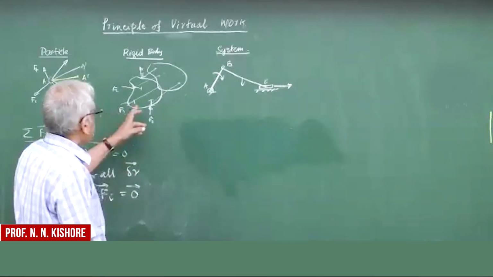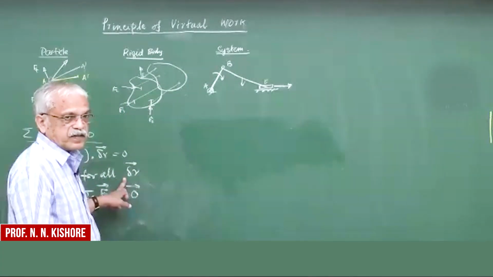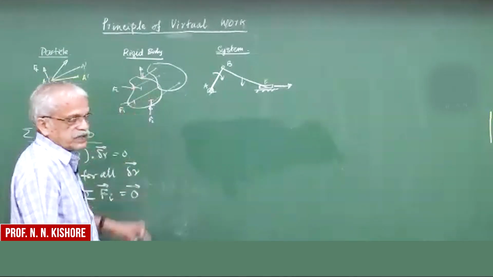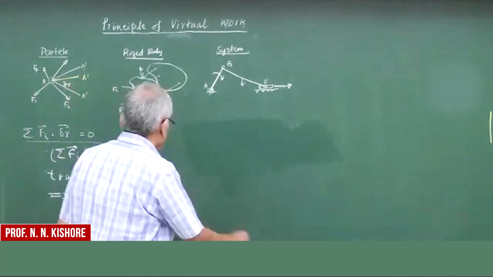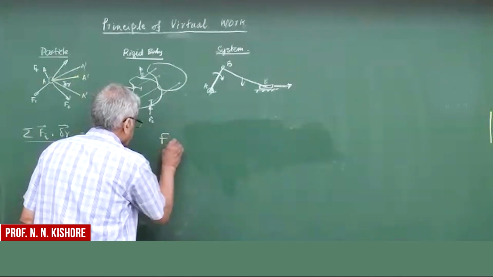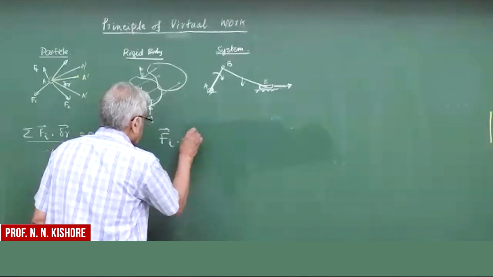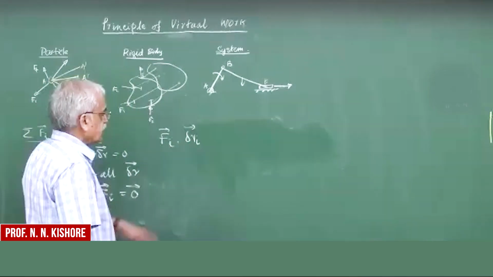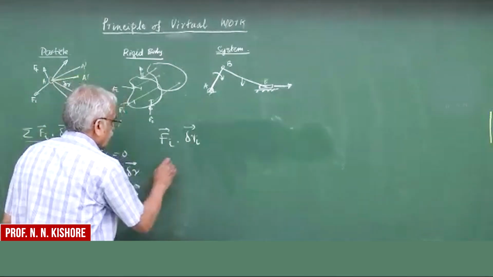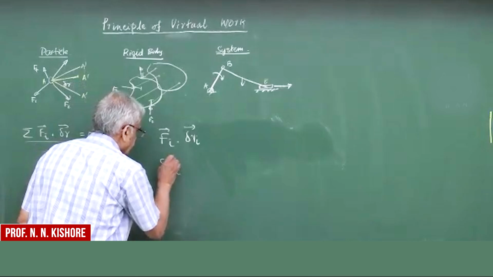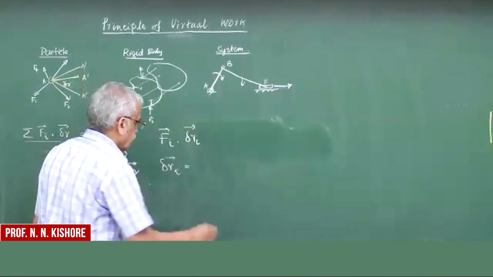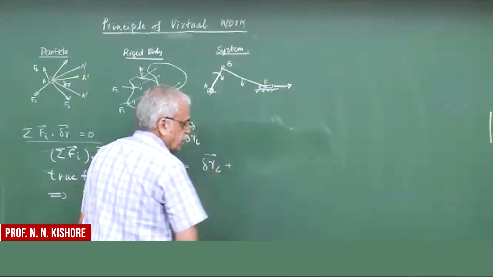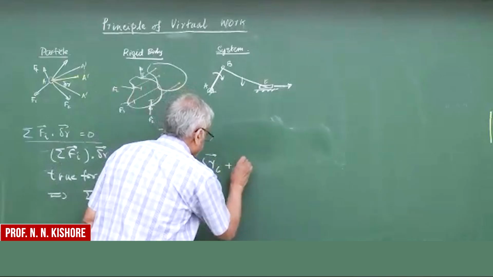For example, we said that any orbital displacement coming to each of these points, this delta Ri can be brought to a certain orbital displacement plus a certain angular velocity.